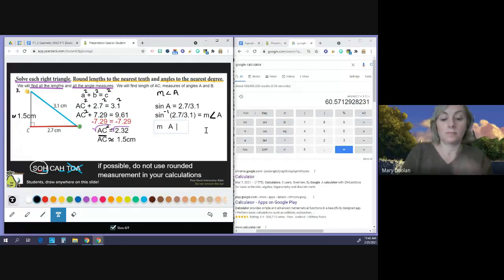I'm going to find the measure of angle F. We also need to find a couple side lengths here. So we're going to find FE.